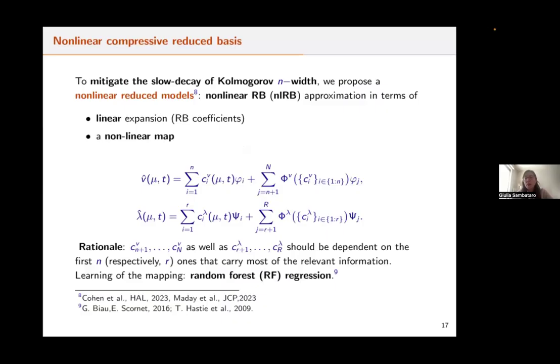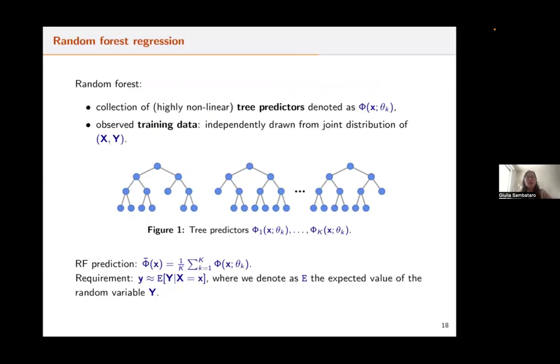Now the question could be how to find these nonlinear maps. Well, this is an important point in this work. I relied on random forest regression from supervised machine learning. This random forest regression is basically an ensemble of tree predictors that I denote here as phi, that depend on X, which are the input observations that follow a distribution of a random vector big X, and they also depend on theta k, which are some hyperparameters.